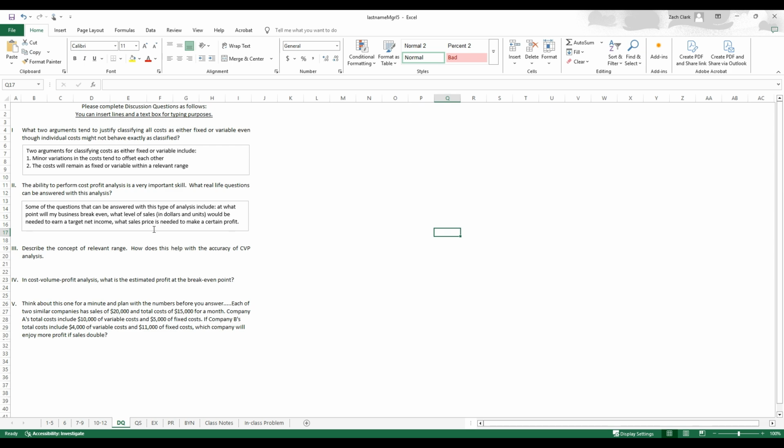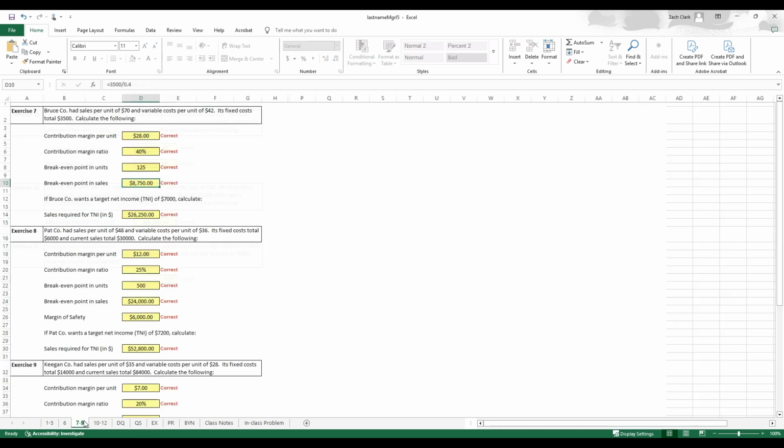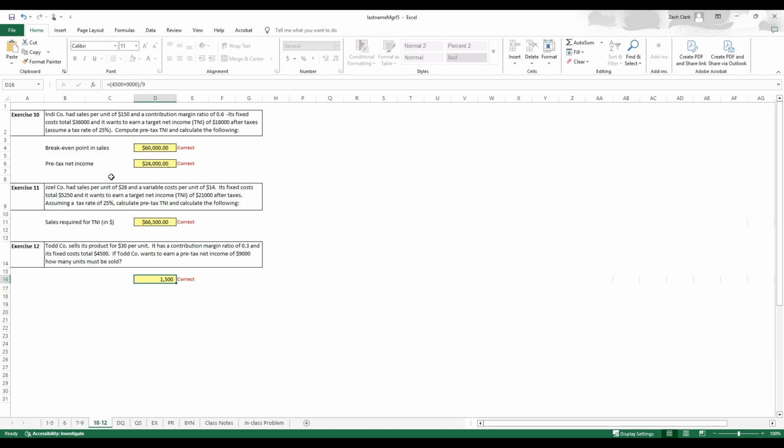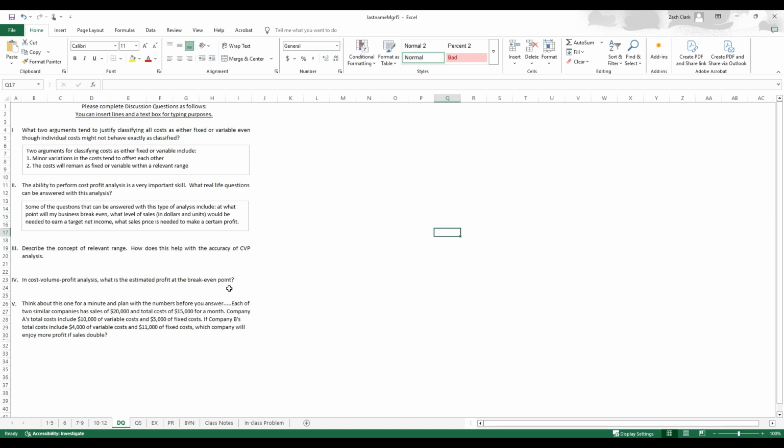If we're looking to change one of the variables, if we look at some of these problems we did in the previous video, we are looking at sales per unit of, for example, $150, and that all comes into play to give us a certain contribution margin. But if we're able to increase the sales price, that will increase our contribution margin per unit, basically.